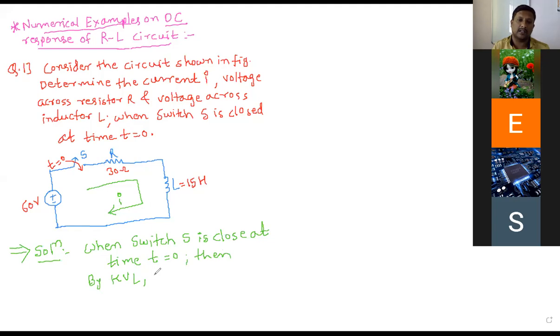Then by KVL we can get the current I. So you can apply now. This is plus here, this is minus, this is plus here, or we can draw the circuit once again. Don't make any changes in the question itself.